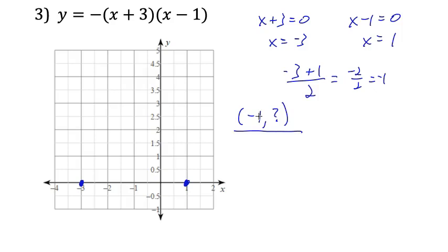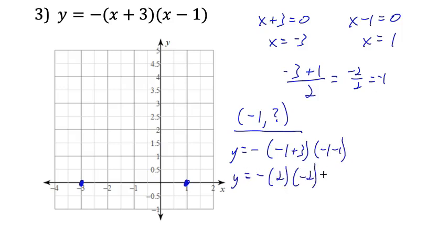To figure out the y value of the vertex, we'll take that -1 and substitute it into the equation for both x's. We have vertex at -1, +4.